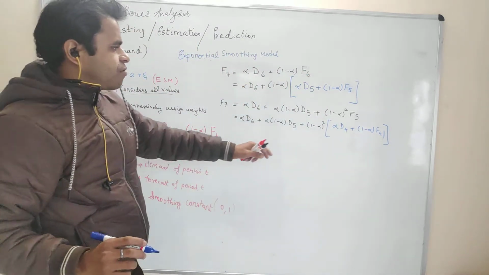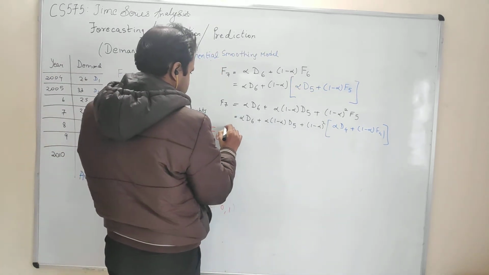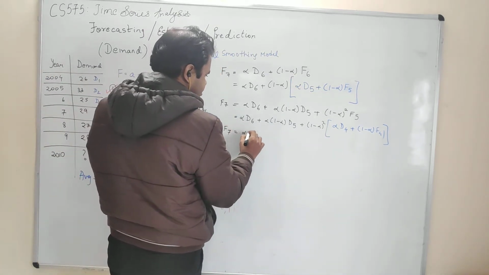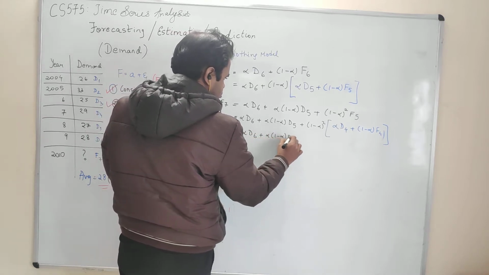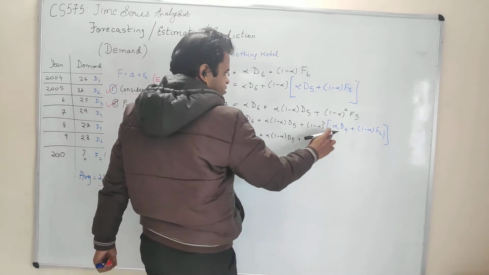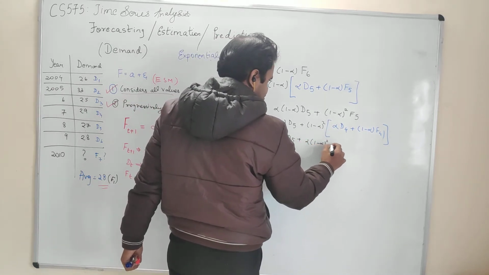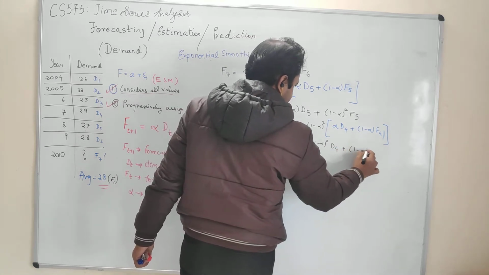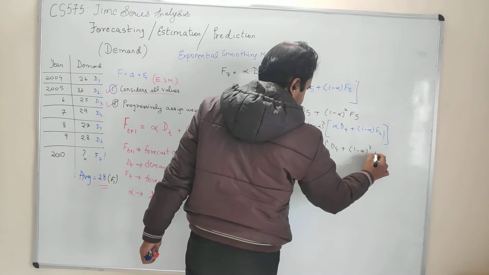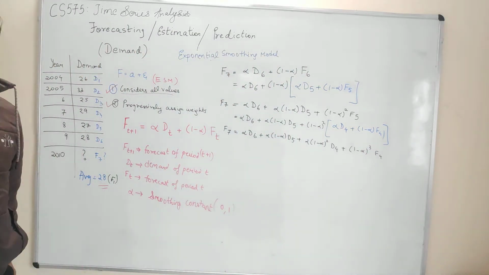Fine. Now again I will expand this particular term. So F7 will be equal to alpha d6, and rearranging, (1 minus alpha) squared d4 plus (1 minus alpha) cubed F4. Fine. I hope it is clear till now.